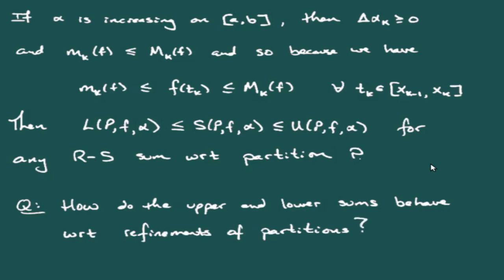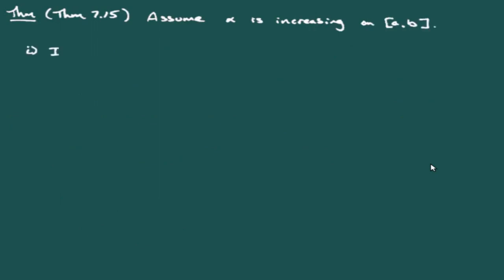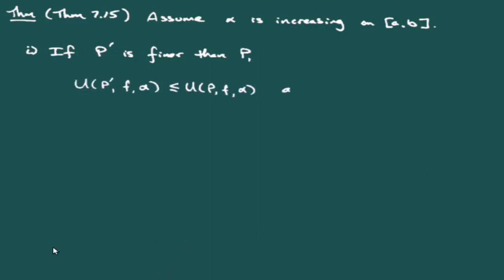Well, that's actually the content of Theorem 7.15 from our reference. Again, assuming that alpha is an increasing function, if we've got a partition P prime that is finer than a partition P, then the upper Stieltjes sum with respect to the refinement is smaller than the upper Stieltjes sum with respect to P. The lower Stieltjes sum with respect to P is smaller than the lower Stieltjes sum with respect to P prime.